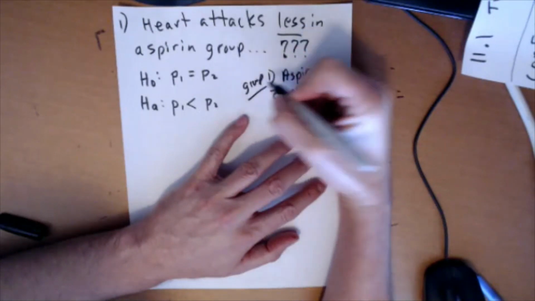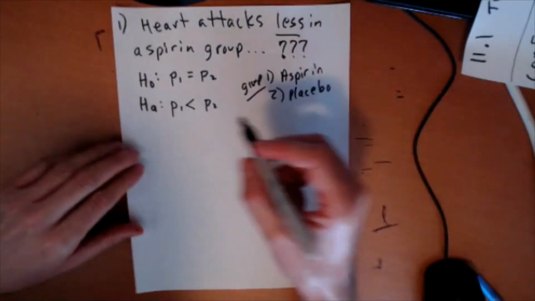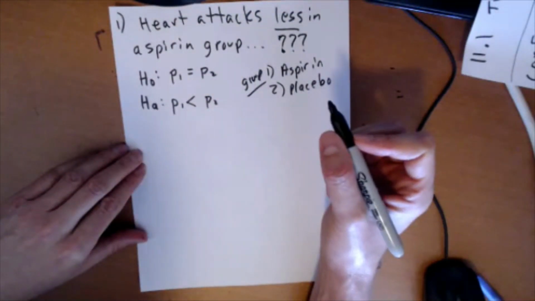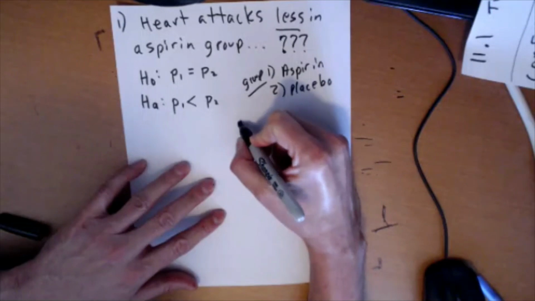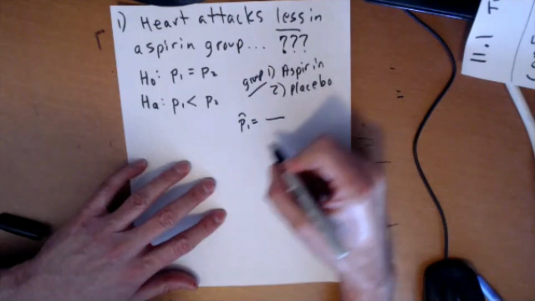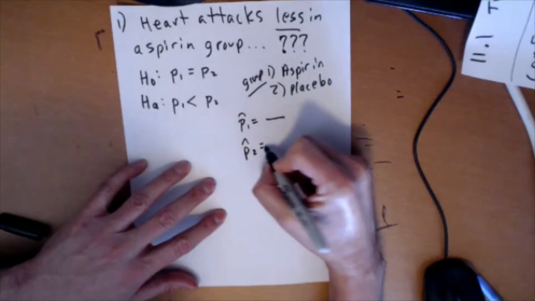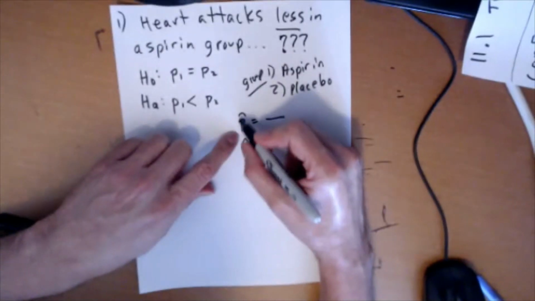Okay, so then we need our, well, just for fun, we don't need to do this, but p hat 1 and our p hat 2. So p hat 1 is what we observed, the sample proportion.